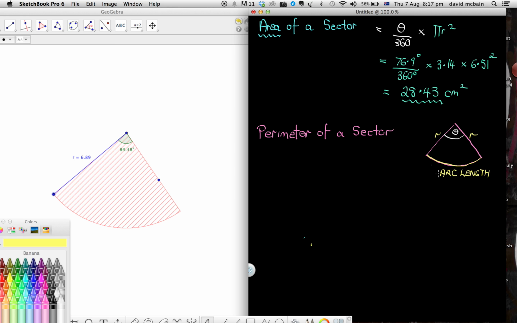So the distance around the outside of a sector, the perimeter of a sector, is going to equal, if we start here, the radius plus the radius again. Well, that's two lots of radius, so it'd be 2r. So it's radius plus radius again, which is 2r, plus the arc length.